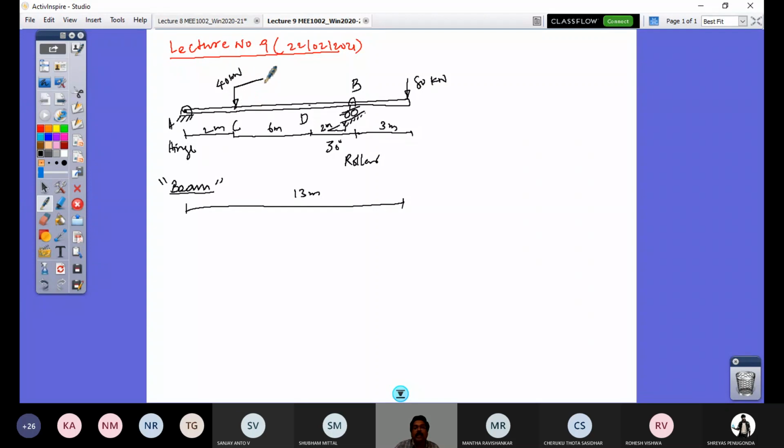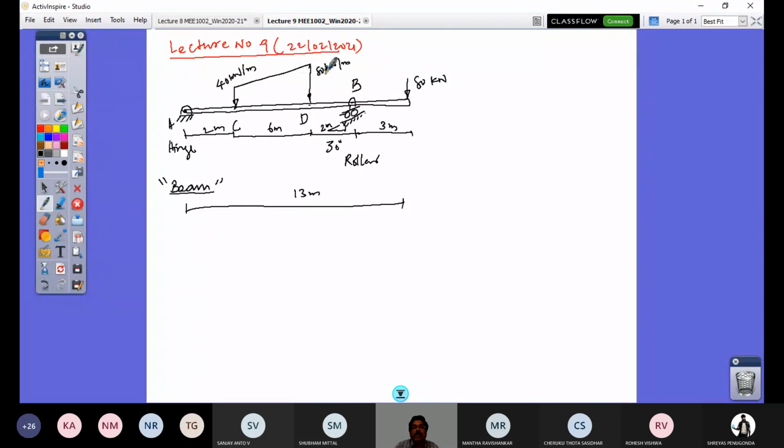At point D, the variation ends with a value of 80 kilonewton per meter. So per meter means load per unit length. Over this span of 6 meters the variation goes from 40 to 80 kilonewton per meter, represented by a constant slope.